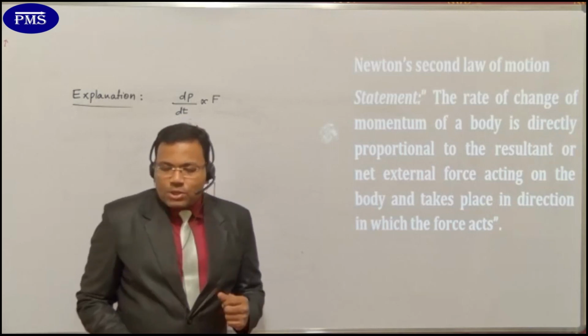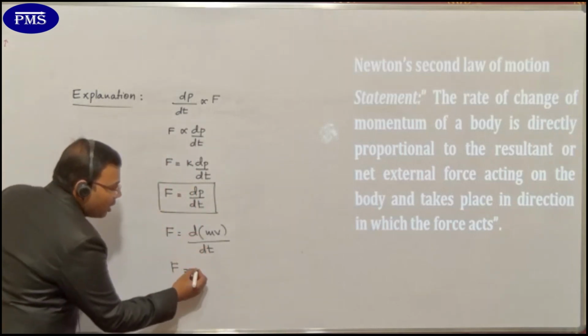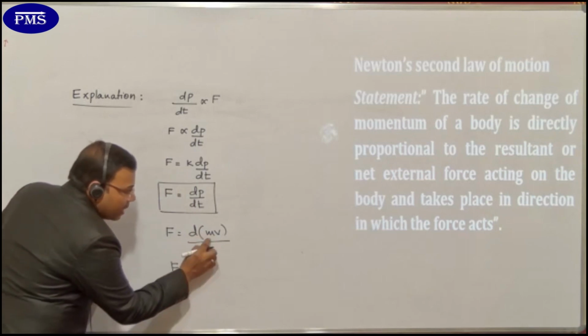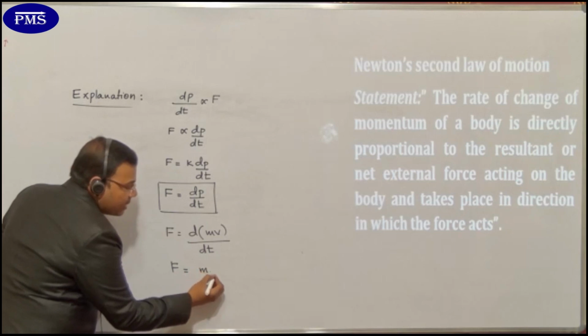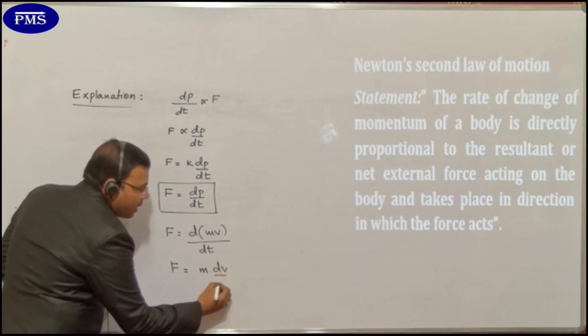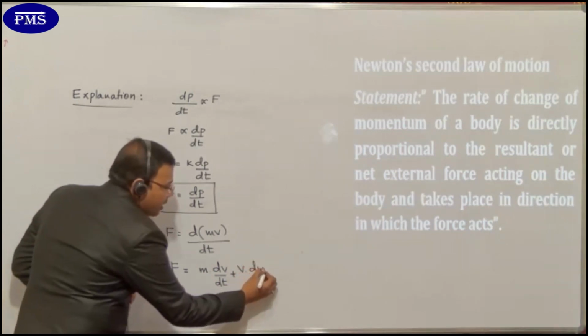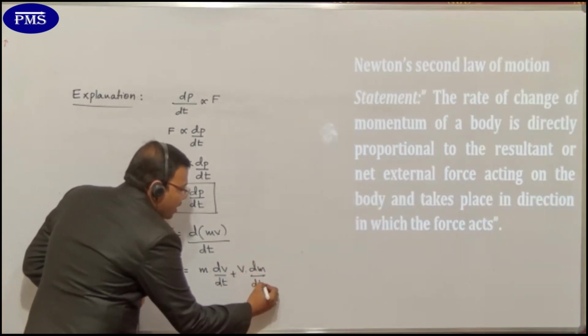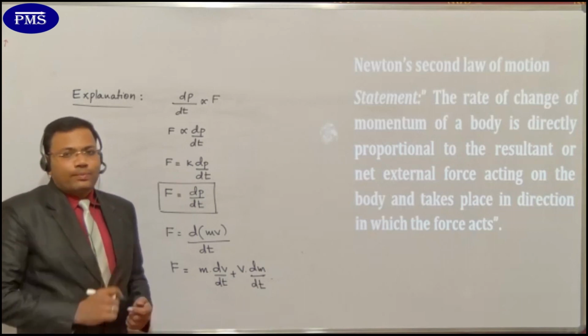Now let us proceed a little mathematically, have a look. This is one quantity, this is another quantity. So the first quantity as it is times dv by dt, plus the second quantity as it is times dm by dt. In differentiation we have the UV rule.